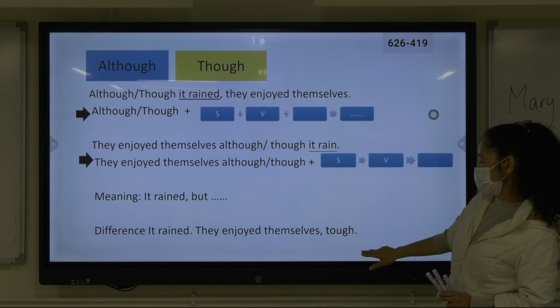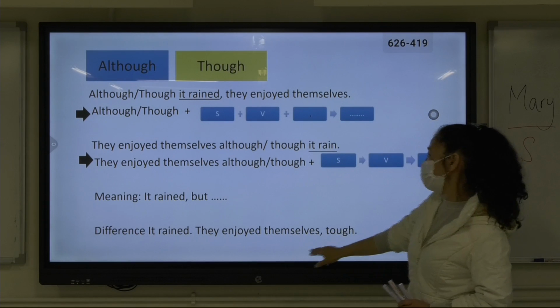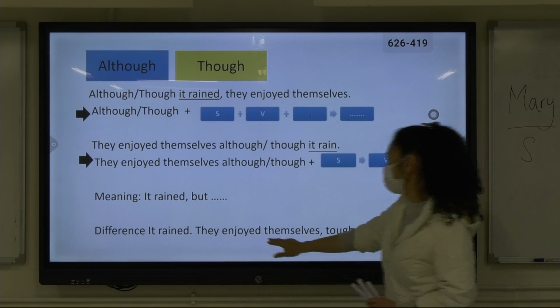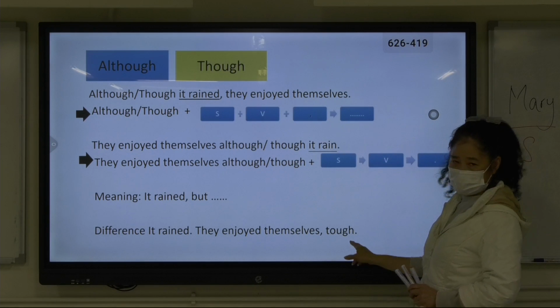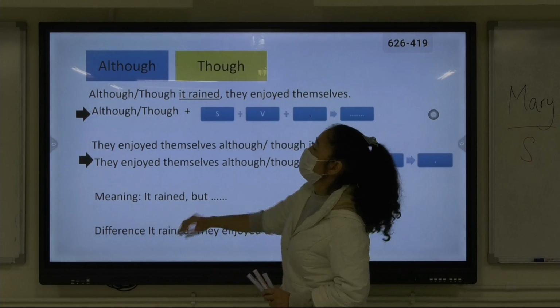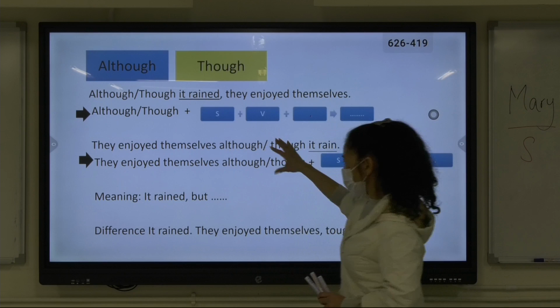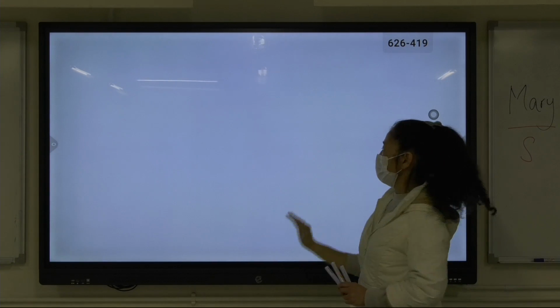But bear in mind, okay, look at here. It rained, full stop, they enjoy themselves, comma, though. We put though at the end. So bear in mind, although only in the beginning and middle, though can be beginning, middle, and the end.